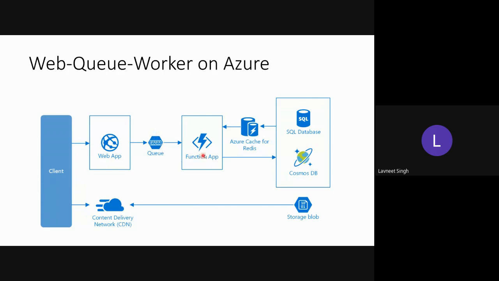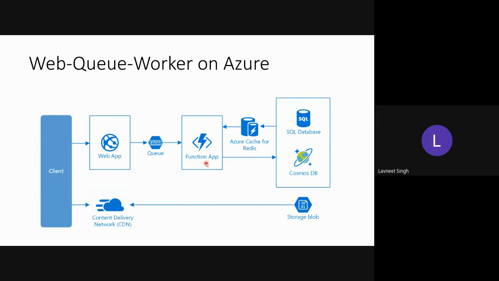Okay, and function app is a service where you can write code, like it says function, right? Function means some unit of code that executes in one go, as a unit.